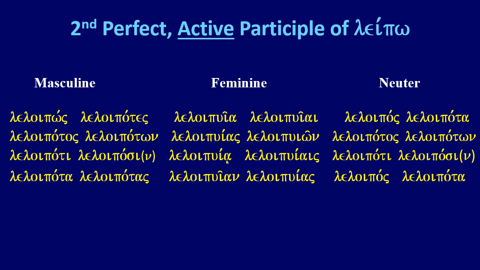The difference being, of course, the root word that's involved and whether there's been a contraction between like lepo here to loip for the stem. But you'll notice again it has the same set of endings, and that's because it follows the same declension pattern. For masculine, they'll use third declension endings, feminine, first declension endings, and neuter, third declension endings. So again, you've got a 3-1-3 pattern for the second perfect active participle forms.